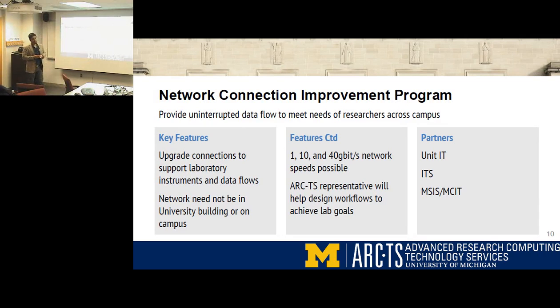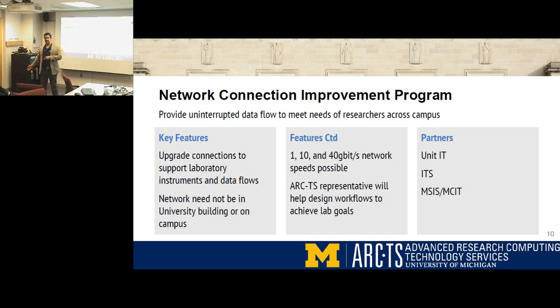Network Connection Improvement Program. This is a set of funding we have to get data out of instruments. So what this is, we will pay to get a fatter network connection into your office. Like if you have a CT scanner, an MRI scanner, a flow cytometry box, some sort of device that generates a lot of data, and getting it out. So instead you've got a stack of USB drives that could die on you or something like that.